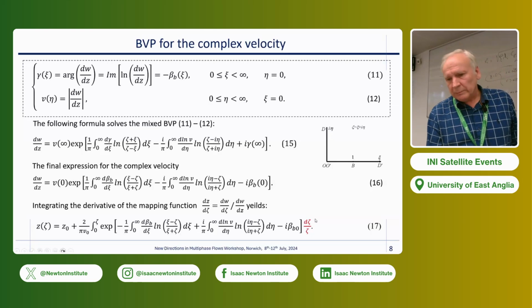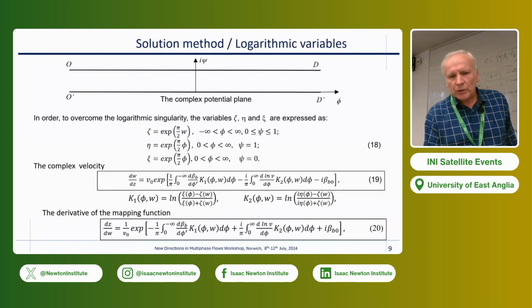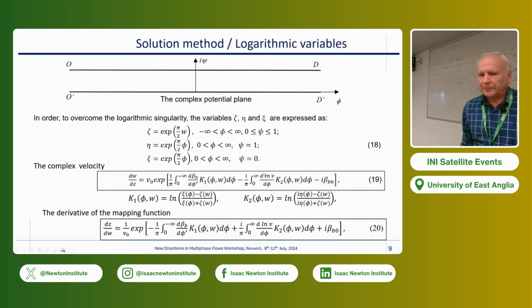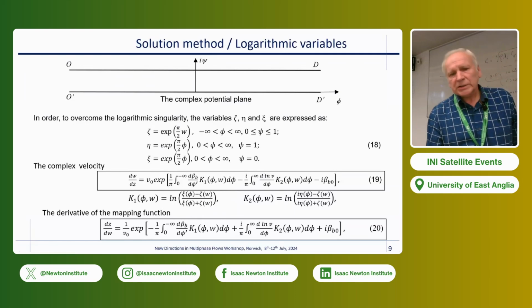But a small problem is that here there is a logarithmic singularity because it comes from the derivative of the complex potential. So we come back to the complex plane and consider complex potential as an independent variable.